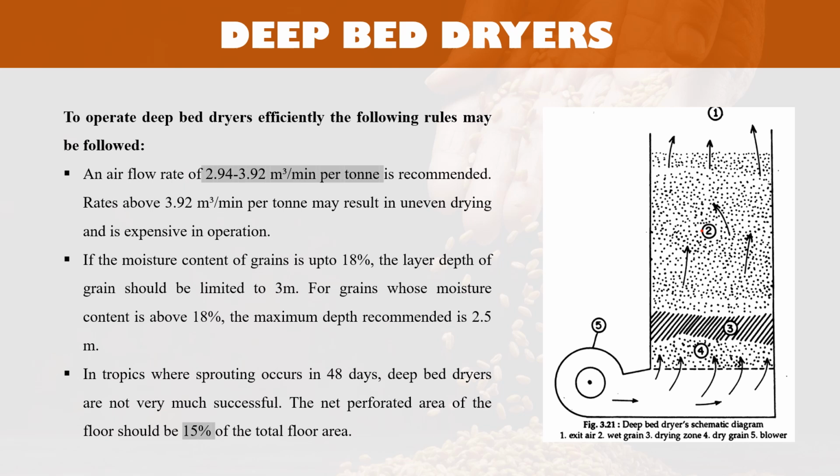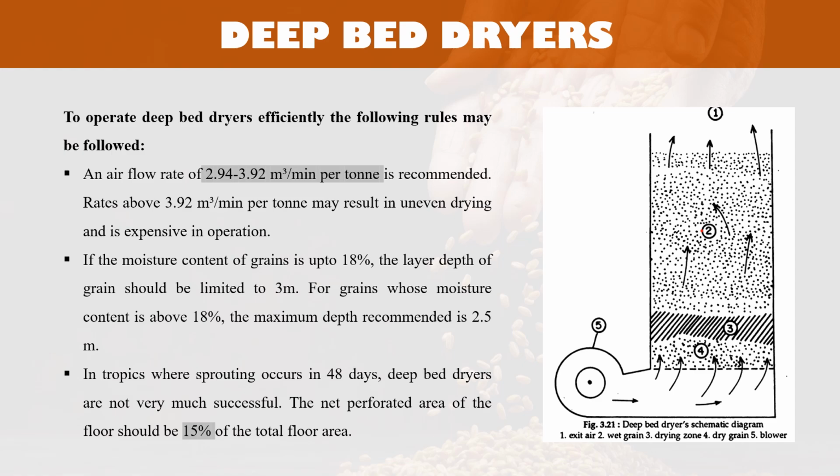If the moisture content of grains is up to 18%, the layer depth of grains should be limited to 3 meter. For grains whose moisture content is above 18%, the maximum depth recommended is 2.5 meter. In tropics where sprouting occurs in 48 days, deep bed dryers are not very successful. The net perforated area of the floor should be 15% of the total floor area.